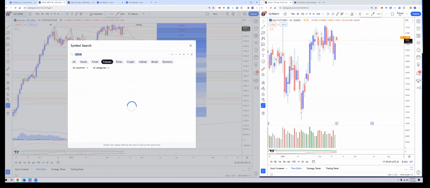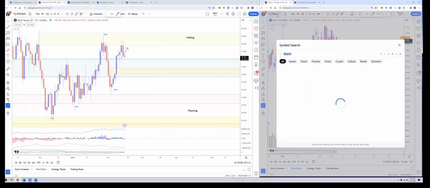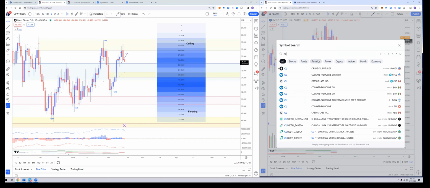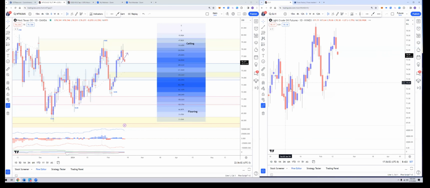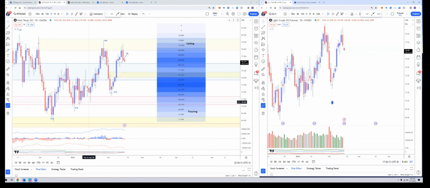Another one is WTI. One thing I want you to take note of is that we have strong volume showing up in the market when the market is going lower.